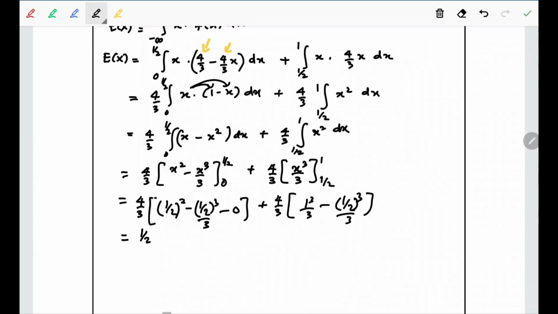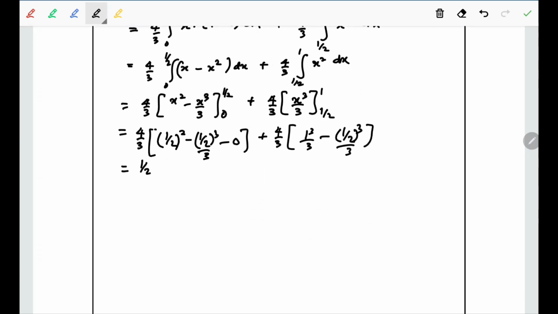Okay, then we are going to continue with finding the expected of x squared.